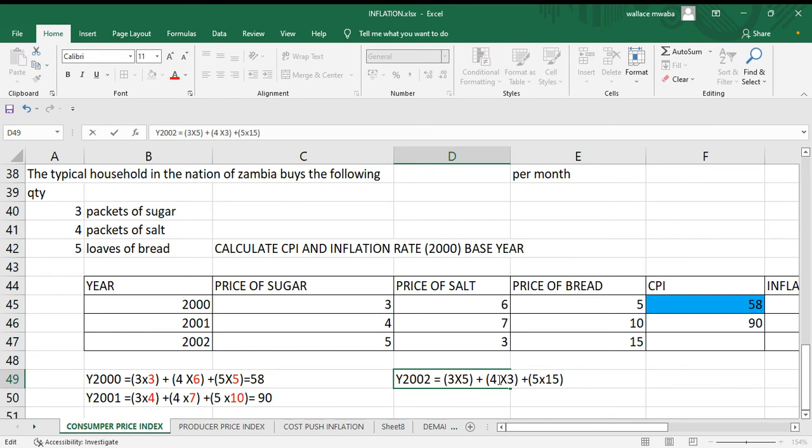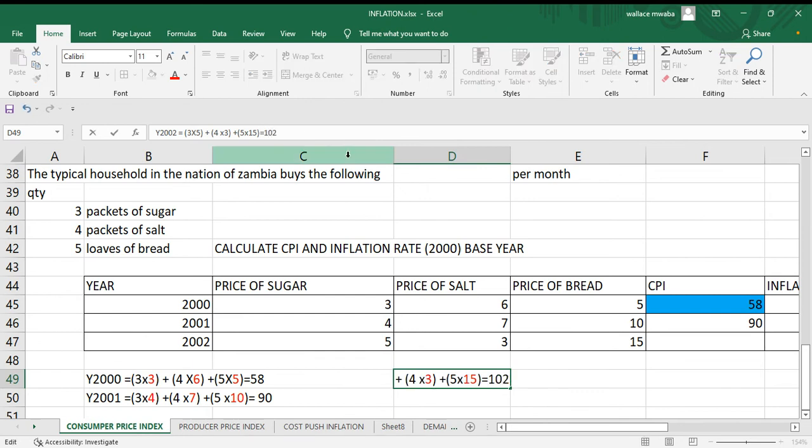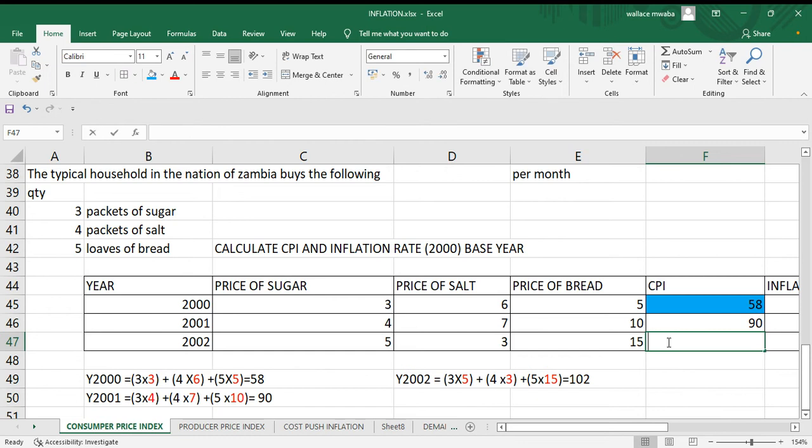You can calculate for me while I'm putting these things in order. 15 plus 12 plus 75, that's 102. All right, so we have our CPI here, 102.